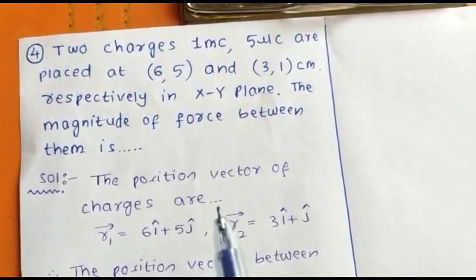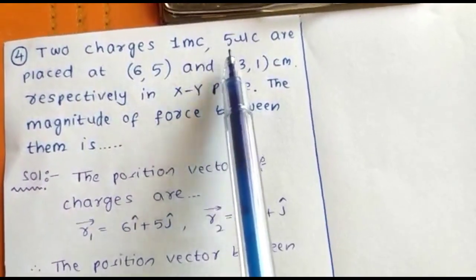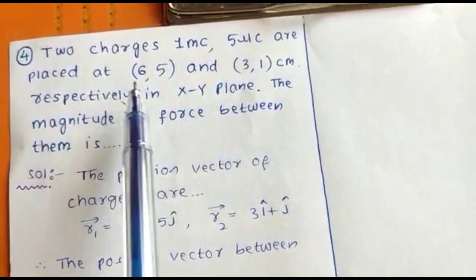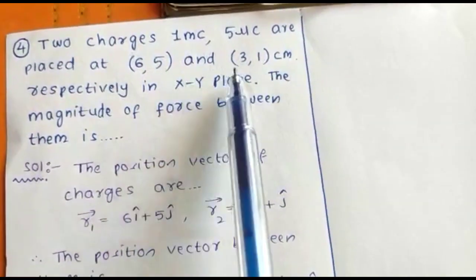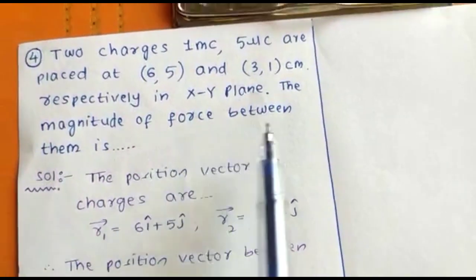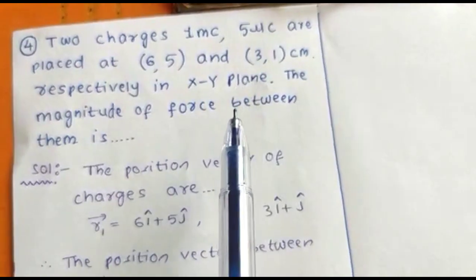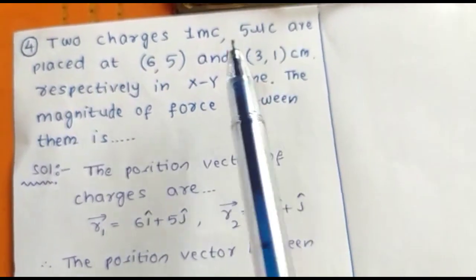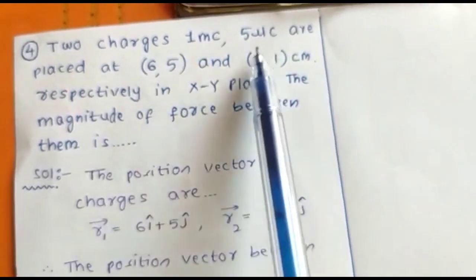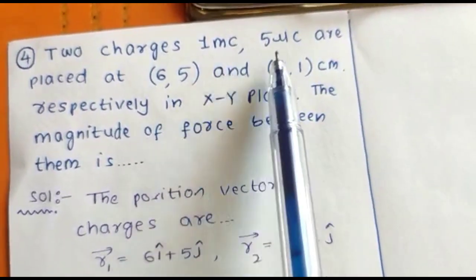Now dear students, let us discuss the last problem. Two charges, 1 millicoulomb and 5 microcoulomb, are placed at (6, 5) and (3, 1) centimeter respectively in the XY plane. The magnitude of the force between them is asked. It is a very nice problem. One important observation is that the charges are not given in proper units, but in practical units, millicoulomb and microcoulomb.